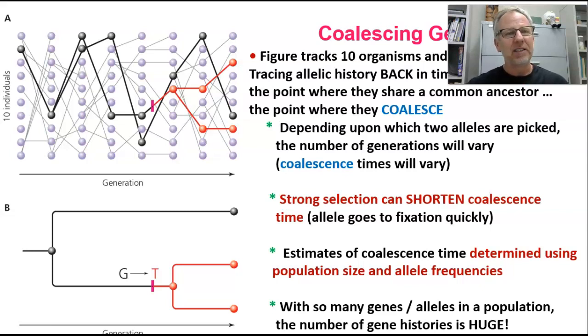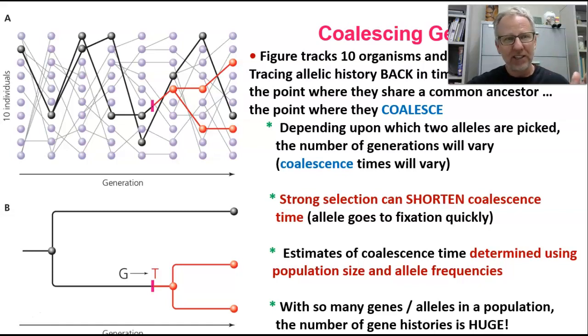So we've got 10 organisms that are arrayed vertically, those 10 circles going from top to bottom. And we're tracing an allele, say on the far left-hand side of figure A, and it's depicted in the second from the top organism, and it's colored black.